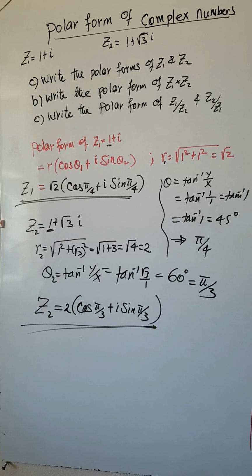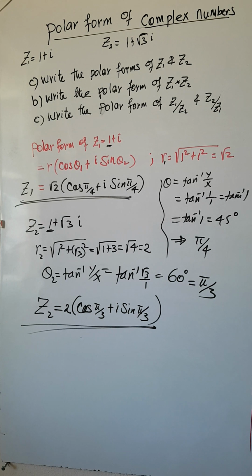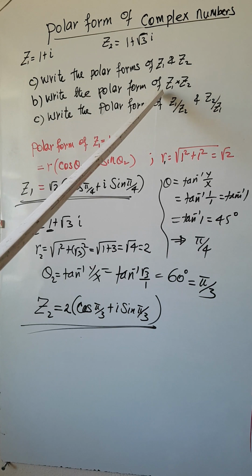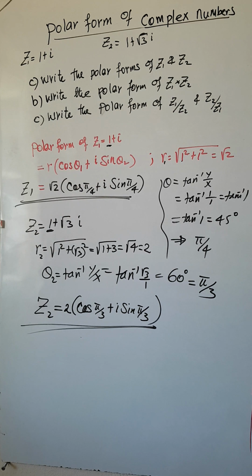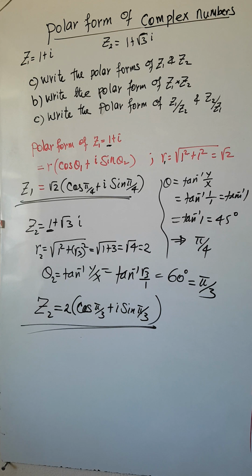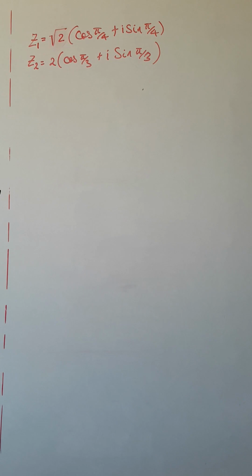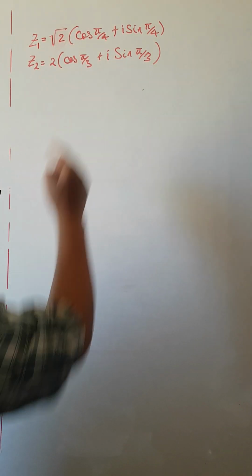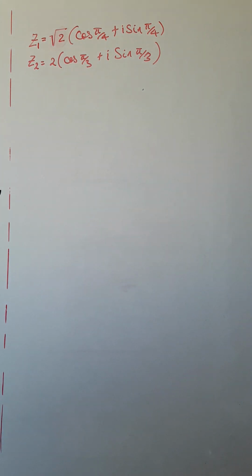Once we find the polar forms, how can we find the product of the two complex numbers? How can we find the ratios of the two complex numbers? Let's see on the other part. Now, z1 is equal to square root of 2 times cosine of pi over 4 plus i times sine of pi over 4, and z2 is equal to 2 times cosine of pi over 3 plus i times sine of pi over 3.